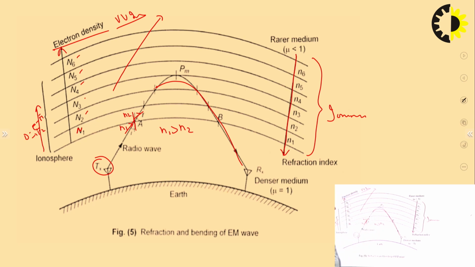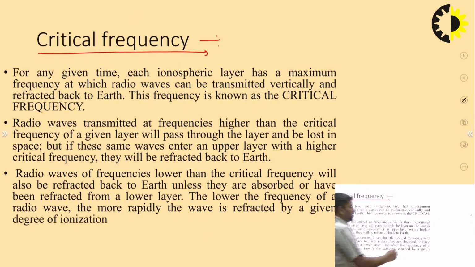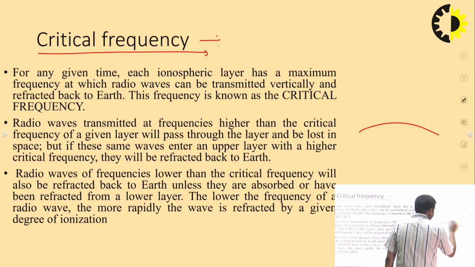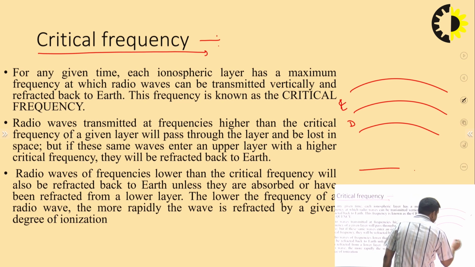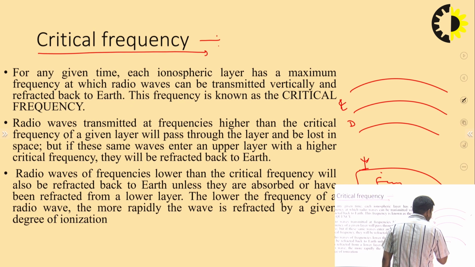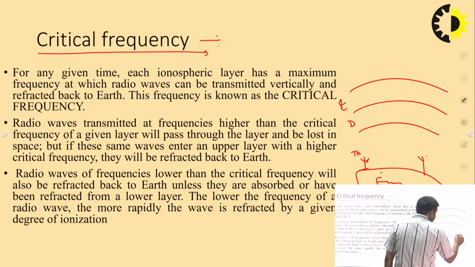Say this is the D layer and this is the E layer. This is the Earth, this is the transmitter and this is the receiver.